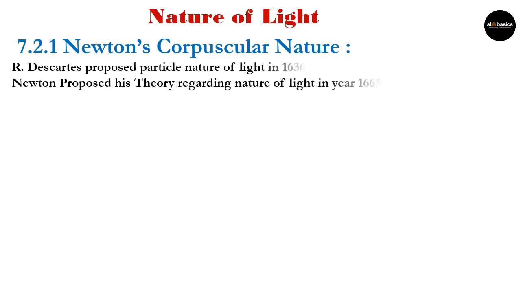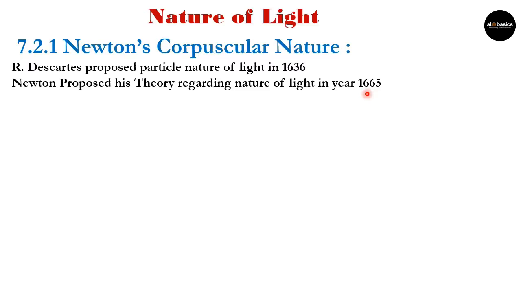In fact, in 1636, R. Descartes proposed particle nature of light before Newton, but he could not give evidence to support his theory. And in 1665, Newton put forward his theory regarding nature of light.